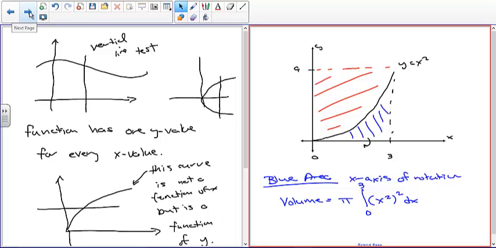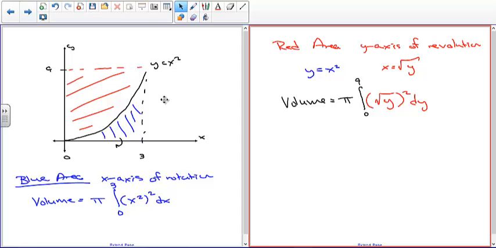And in that case, the way you would do the calculation is, first you have to take the function that defines the line that defines this boundary, and instead of being y equals x squared, you solve for x. So to do that, we just take the square root of both sides, and you get x equals the square root of y.